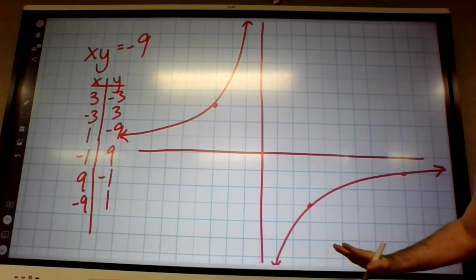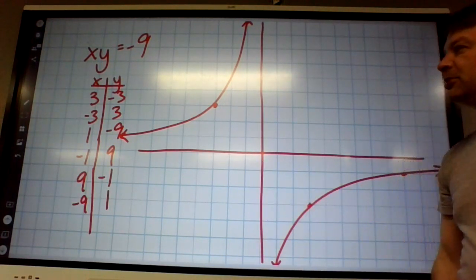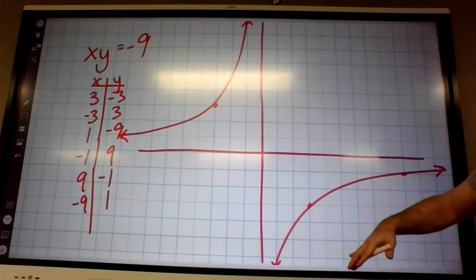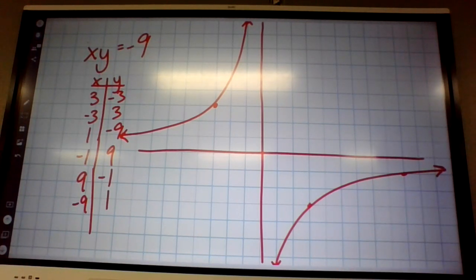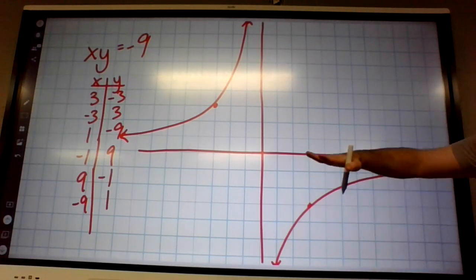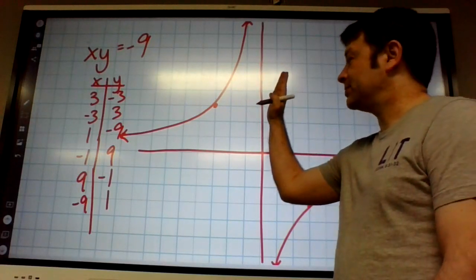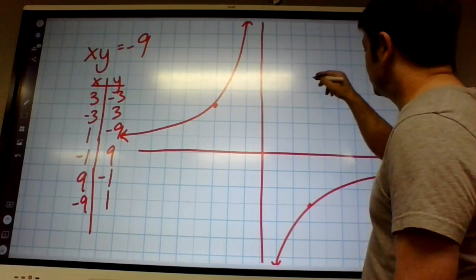So it kind of makes diagonal hyperbolas. What are the asymptotes? What lines will these graphs never cross? This one's y equals 0 and x equals 0 are the asymptotes.